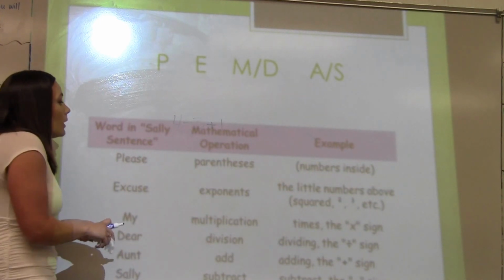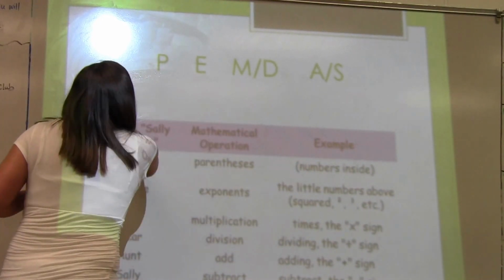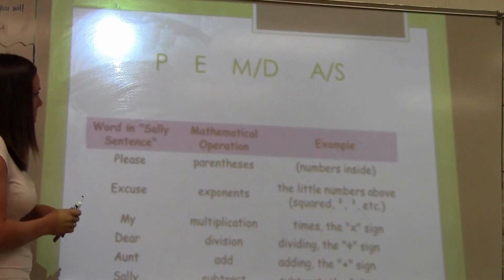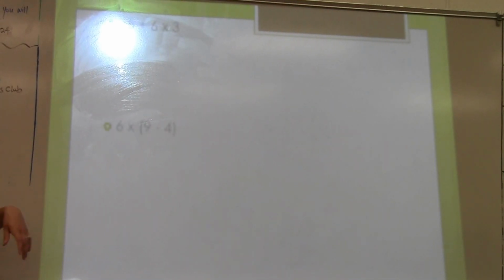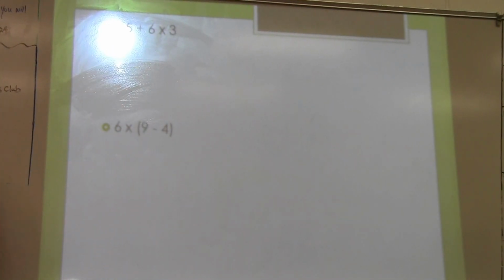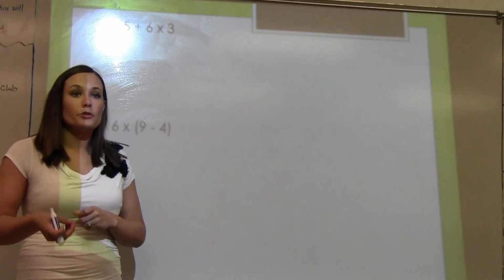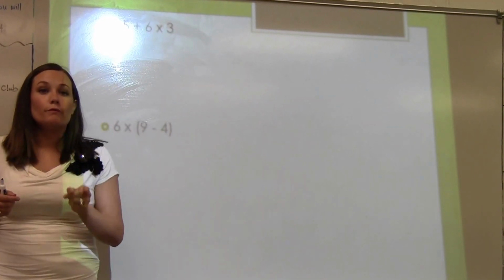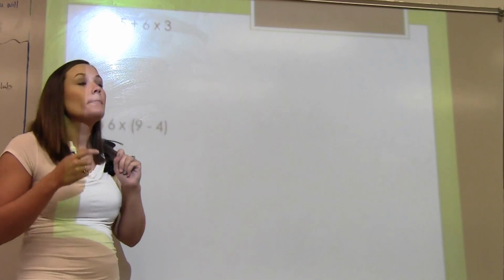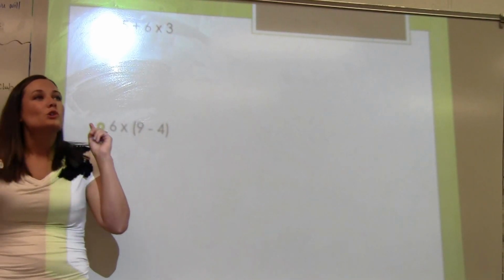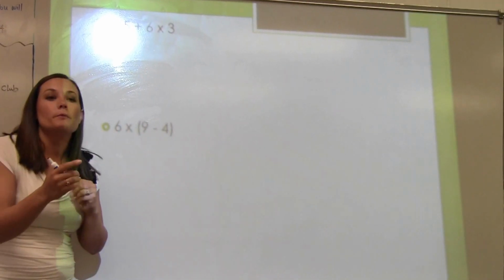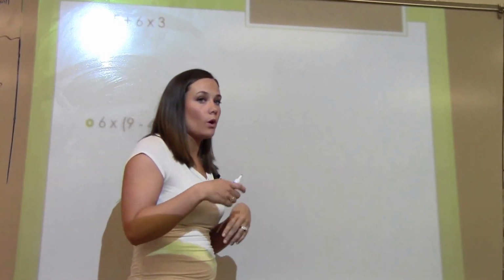All right, let's go ahead and try a couple of these. We have a problem up here that says 5 plus 6 times 3. What do we need to do first? Addition. Okay, we're not doing addition. How can we make sure that we check what order we need to go in?